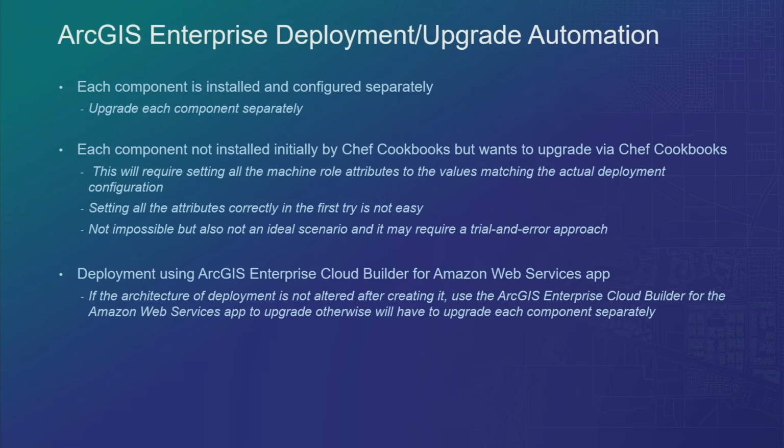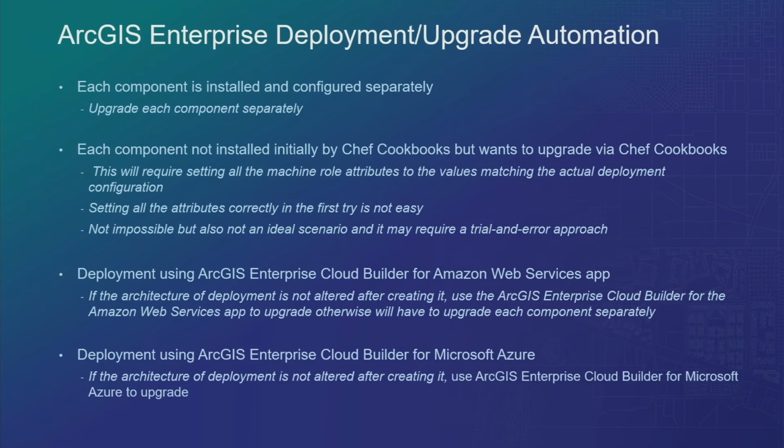And the same thing goes for Cloud Builder on Amazon and Cloud Builder for Microsoft Azure. As long as you have used those methods and not changed the architecture, like added more machines, added new server roles, or done something more than what it needs to be, you can keep using them. Otherwise it's hard to use those methods again, because you have made those things manual.